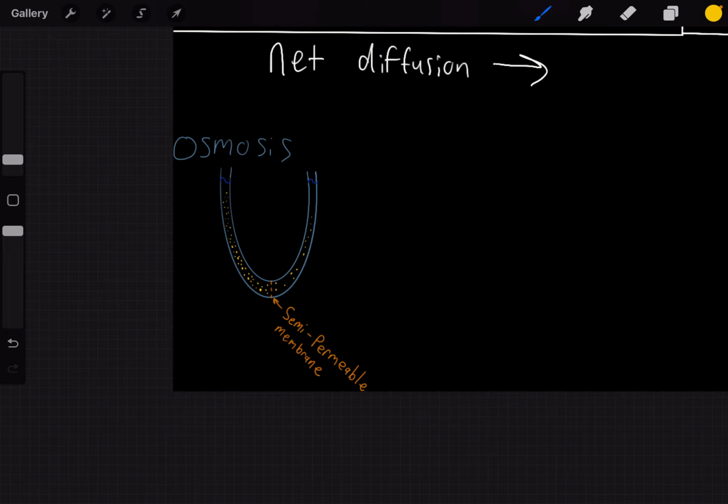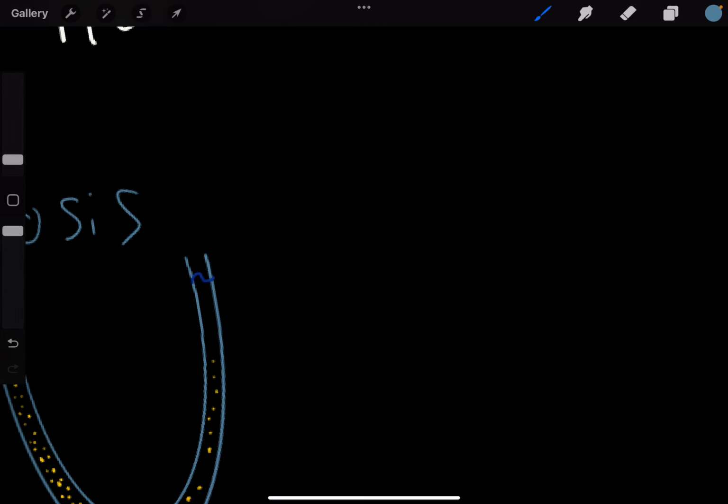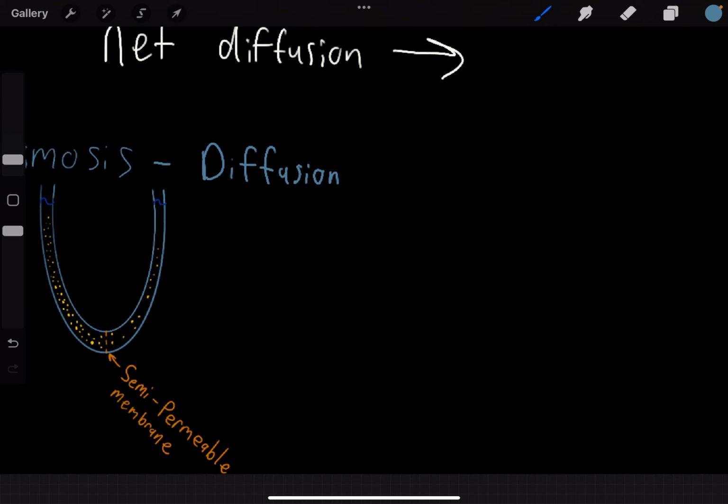Now we can talk about osmosis, and I already drew most of it over here. Osmosis is the specific diffusion of water.